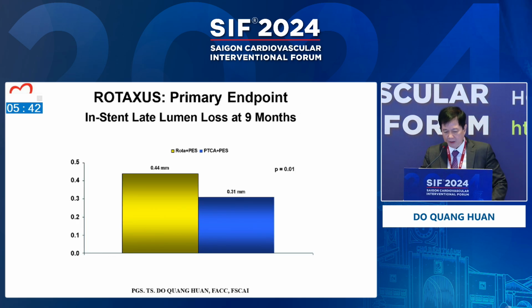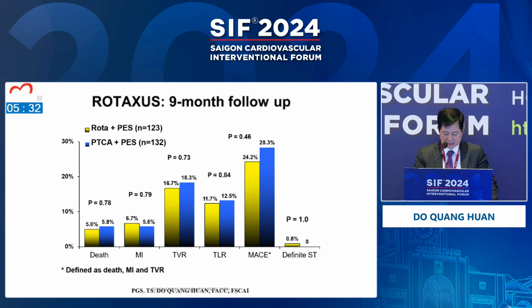We show that if the lesion is well prepared, the lumen gain is better than when we don't prepare the lesion. And the MACE, TLR, and MI are less in the Rotablator arm.